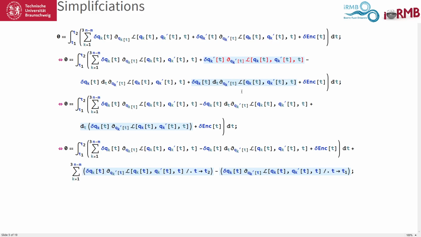You can combine these and take the time derivative out, so you have the time derivative of these two things together. If you take the product rule of this, you will end up with this plus this. So now you have separated this, and the advantage is that what is left here is the variation of the coordinate and no longer the variation of the velocity, meaning you can easily combine these two things together now.